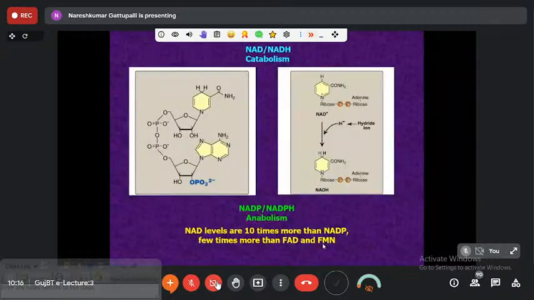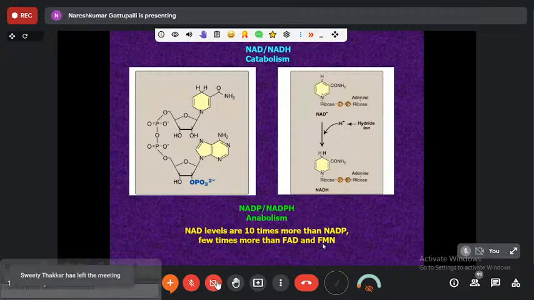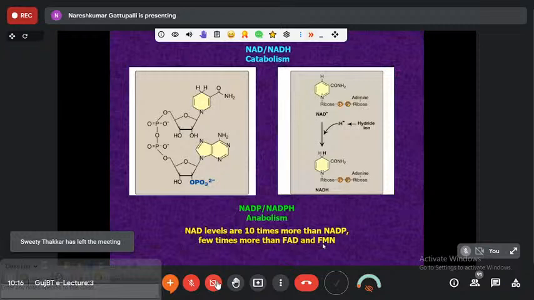Another very important molecule: in the majority of things, we have some sort of oxidation reduction reactions inside the cell. In catabolism, you are converting reduced organic molecules into more oxidized states, and that energy is used to make ATP and so on.